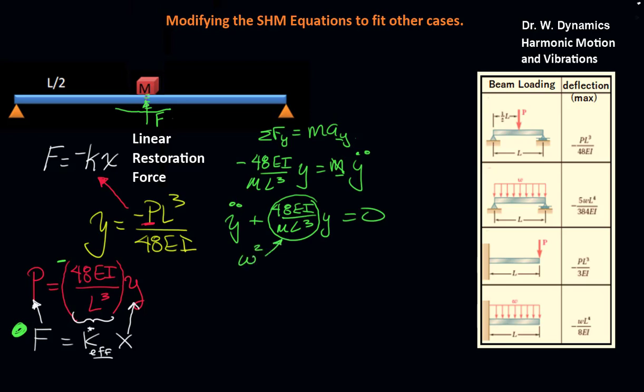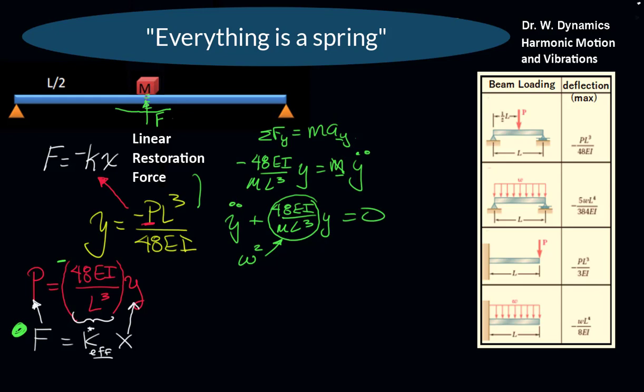Now it turns out we could have done this in an even easier way. Once we recognize the linear restoring force, and this equation down here is linear, as we apply a load P, we're directly deflecting y, and those are our constants.